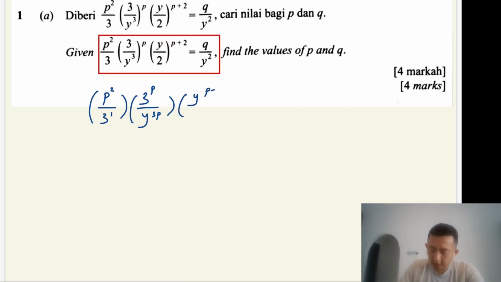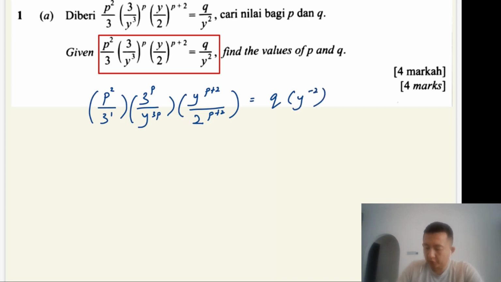Y to the power of P plus 2 over 2 to the power of P plus 2, close bracket. And then we have Q over Y squared. Q for Y squared, I'm going to bring up. When I bring up and make it side by side, it will be y to the power of negative 2.